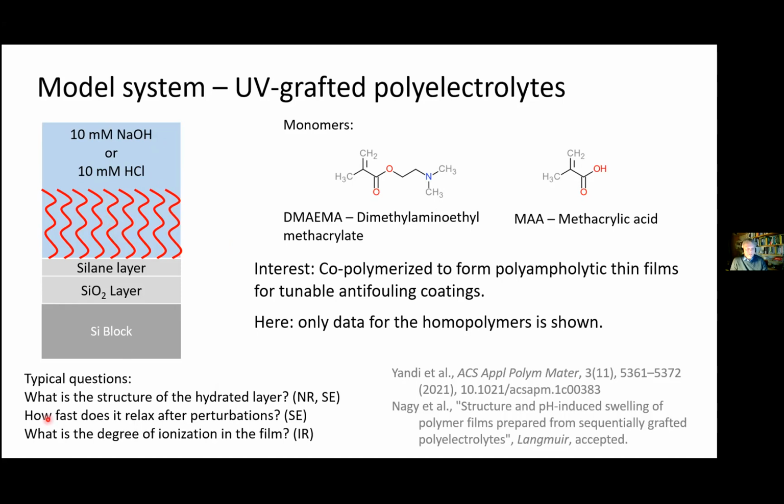How fast does it relax? What is the rate of change if you change the environment? What is the degree of ionization in the film, for example? And these are questions that will be answered by different parts of this combined setup.